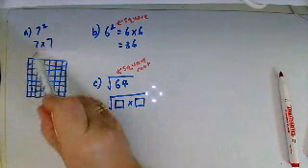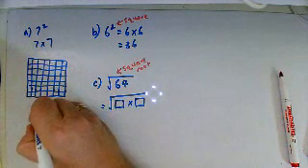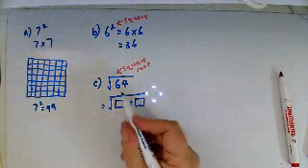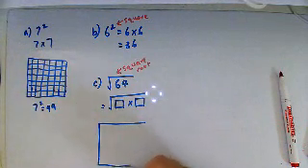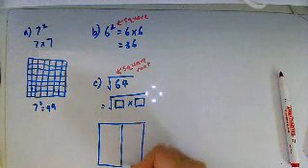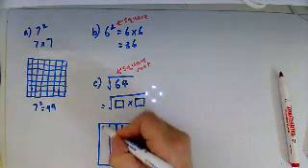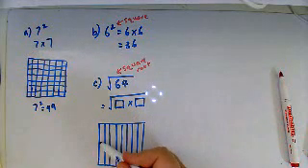So how many in 7 by 7? 7 by 7 equals 49. So it's going to be bigger. So let's try 8. Okay, so that's 8 that way.